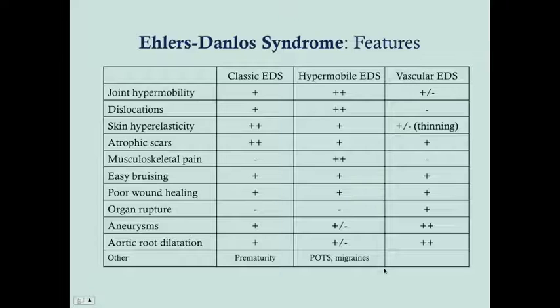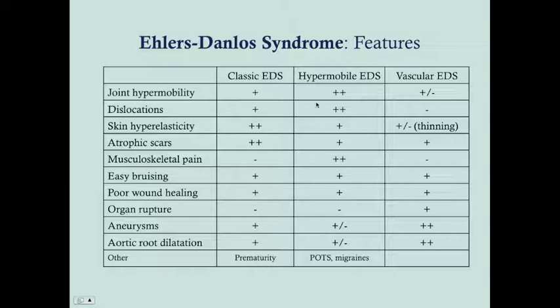As far as the manifestations, I kind of described those, but particularly in the classic EDS is where you're going to see those classic signs that you probably learned in medical school that are associated with EDS: the joint hypermobility, dislocations, hyperelasticity, atrophic scars, poor wound healing.